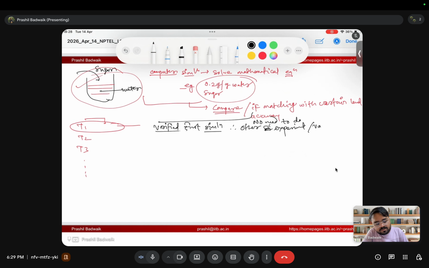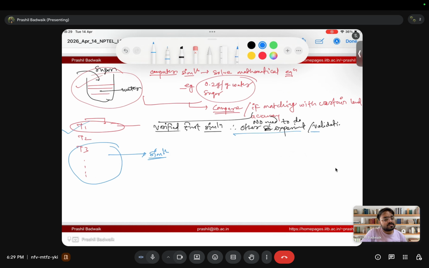And validation, we don't need to do any validation now because one thing we have matched, so we will assume that these things will also match. Our simulations are correct, that means we are getting the results, and hence we will not do any experiments beyond, right? So we will be just doing the simulation. This is how we study, right?